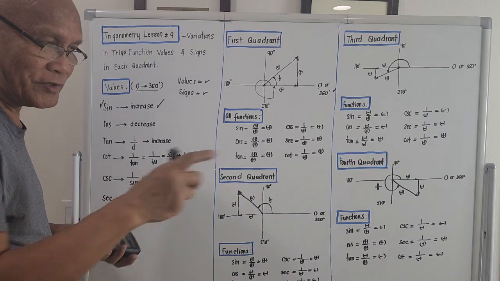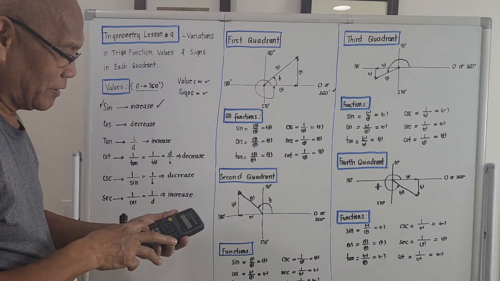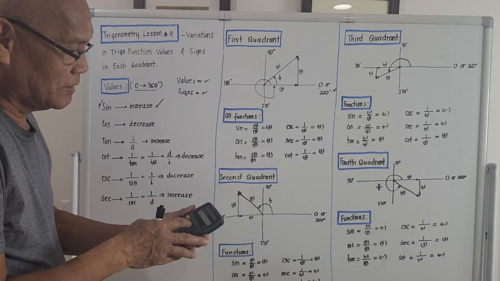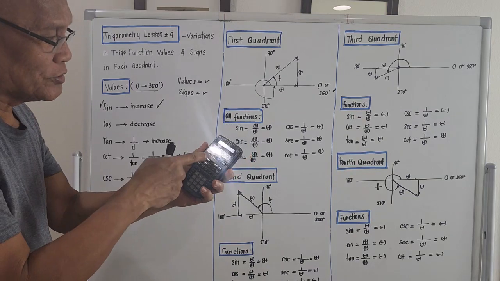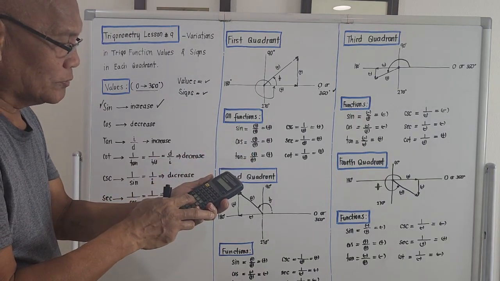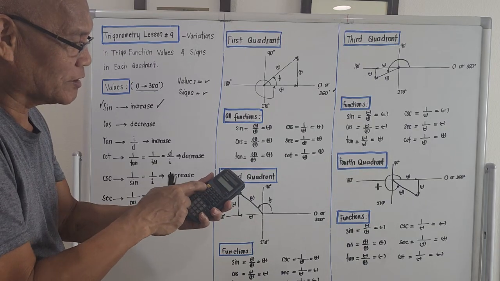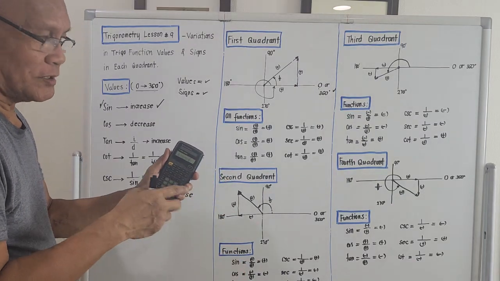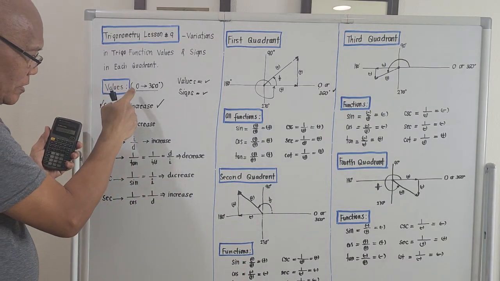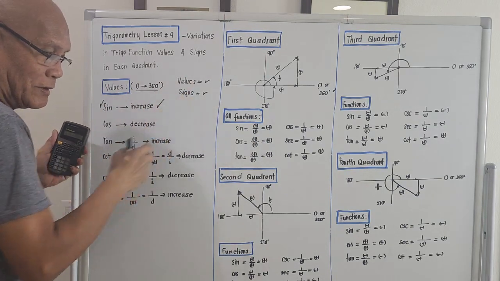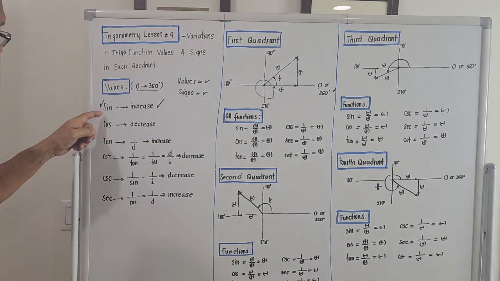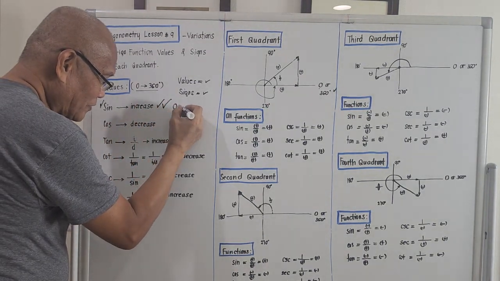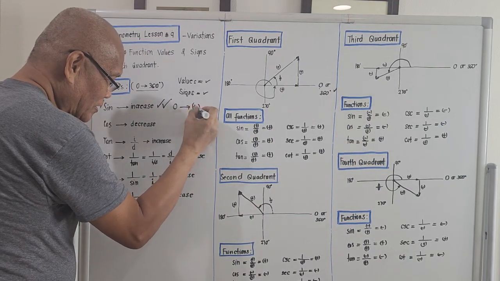As soon as we increase the angle, like 1 degree, if we take the sine value of this one, it will increase to 0.017, and at maybe 8 degrees, we'll take the sine of that, 0.139 already. So as you increase the angle from 0 going up, the value of a sine function will increase. It will start with 0, then it will go up. So this is increase.